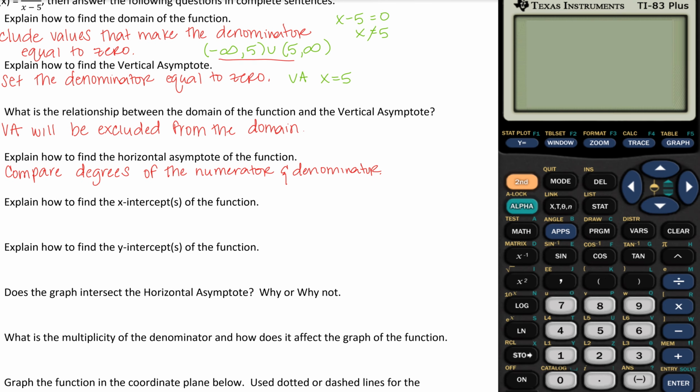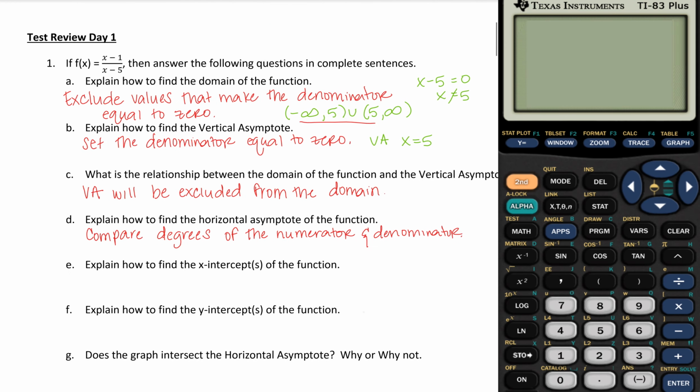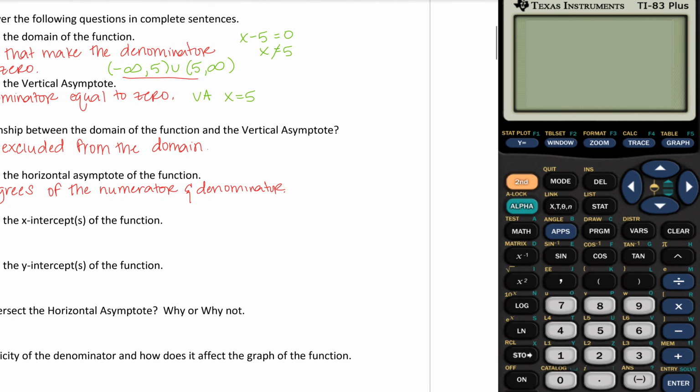All right, so in this case, we take a look at our variables. So if I look up at my original function, I have an x over an x, right? So I know I have x over x. If they are the same, right, we drop the variables and we look at the numbers in front of them, which happens to be 1, and we say that we have a horizontal asymptote at 1, or y equals 1.